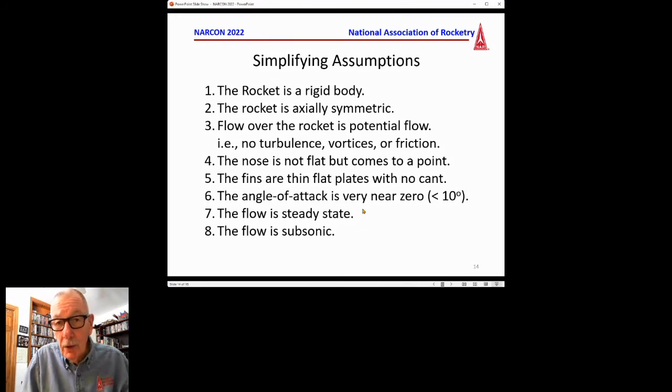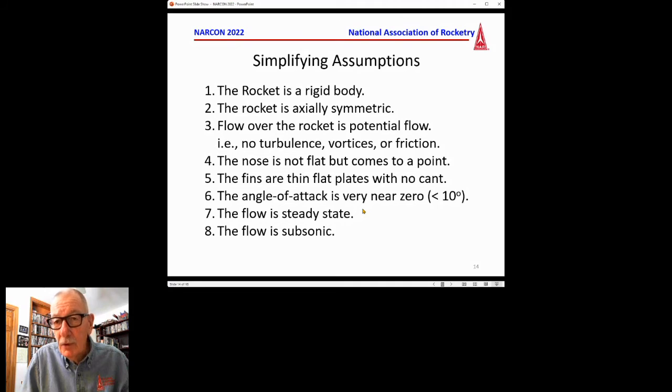They provide more lift and more stability if they're not flat plates. So that's why it's a conservative assumption, and there's no problem with flying things that are not exactly flat plates. Those fins should have no cant. That is, they should be aligned with the center line of the rocket.